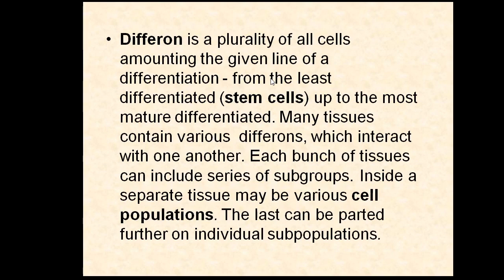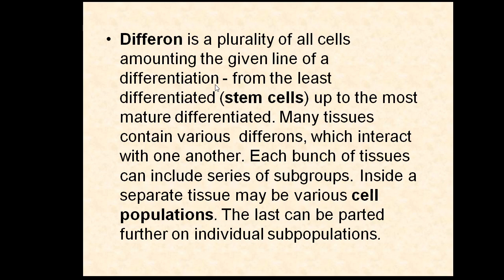Next new word for you, I think, is differon. Differon is the plurality of all cells making up the given line of differentiation. Now it is a population of cells of a concrete tissue on the different steps of differentiation.